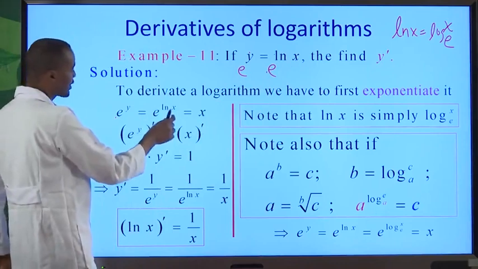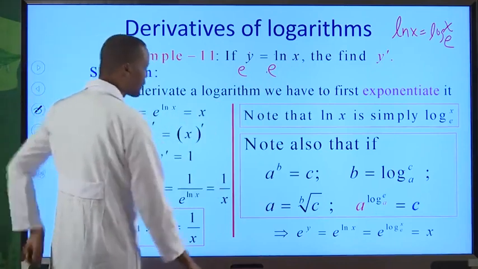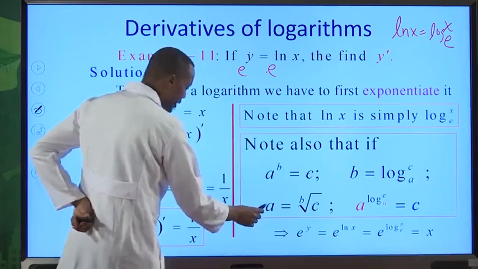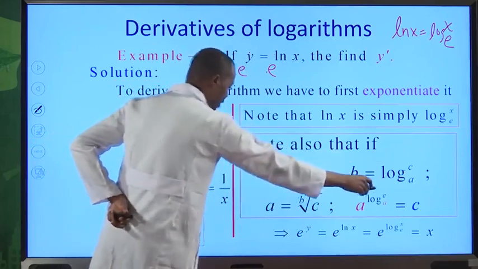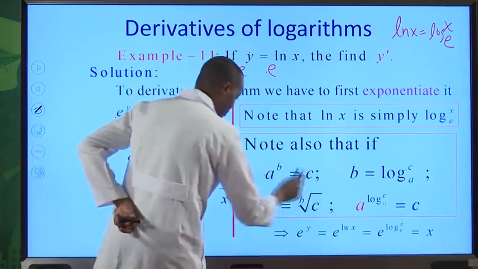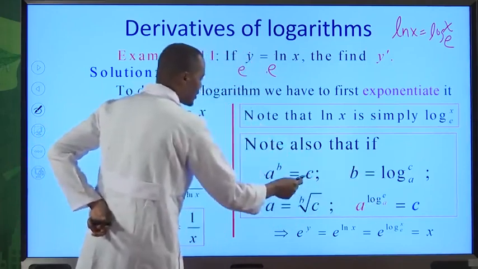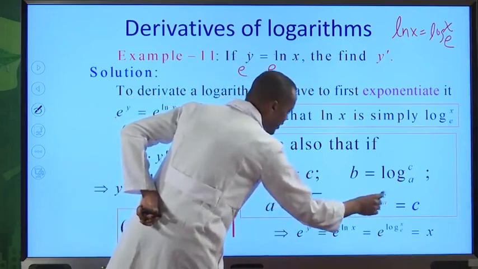But e to the power of ln x means x, because if I have a to the power of b equal to c, then a is the base, c is the number, and b is the logarithm of c to the base a. So if I rewrite this, a to the power of b, but b is now the logarithm of c to the base a, must be c. So if I have a here, I must have c there.